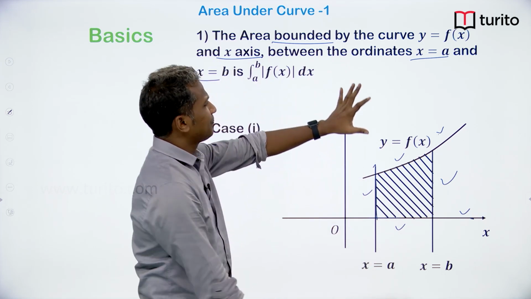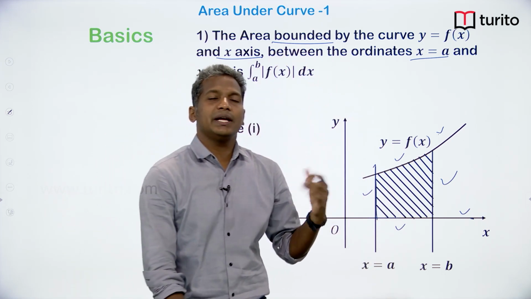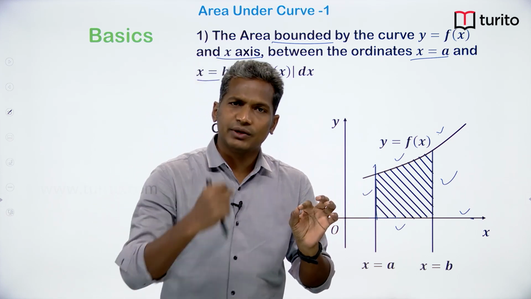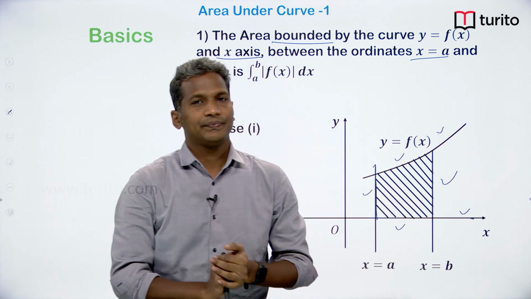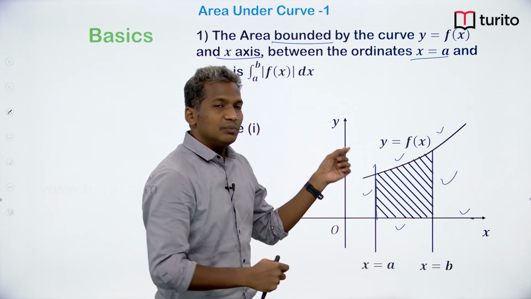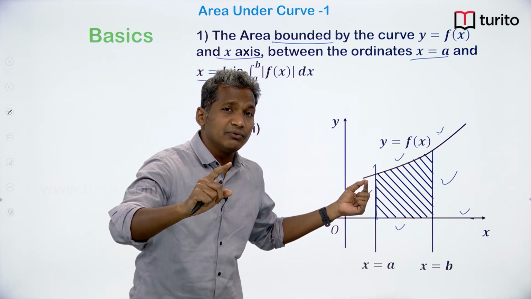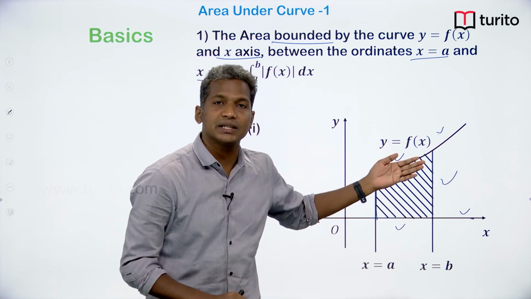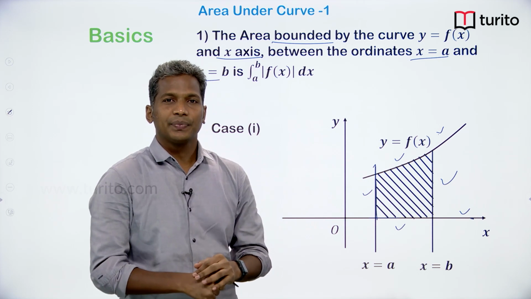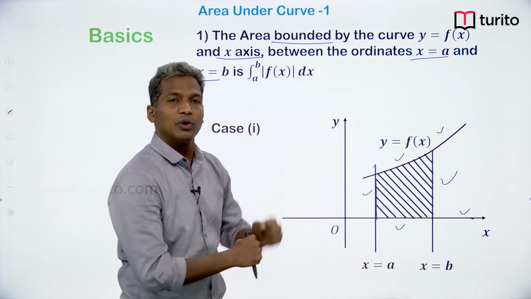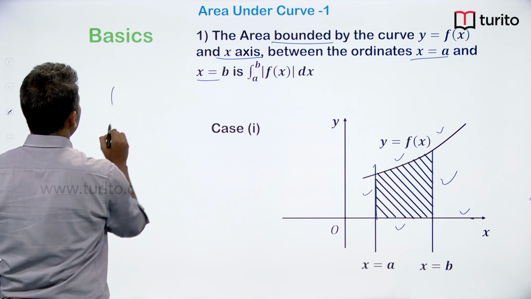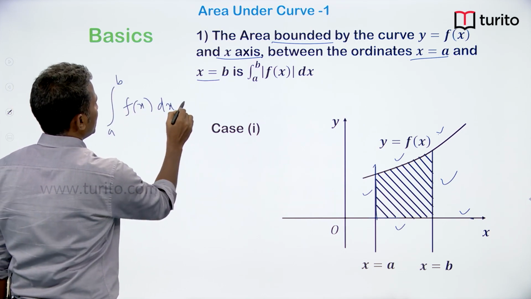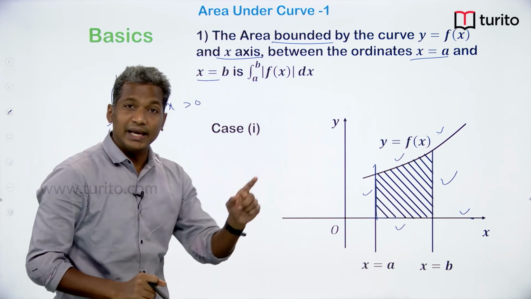Now look at this. We are basically talking about the area bounded by the function y equal to f of x with the x axis, with x equal to a and x equal to b. Before we proceed with the integration, we need to check whether the function is lying above the x axis or below the x axis. Because if it is lying above the x axis, then the integral from a to b of f of x dx is positive, provided a is less than b.